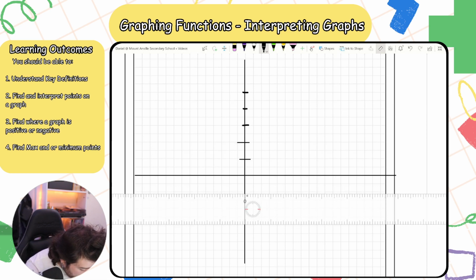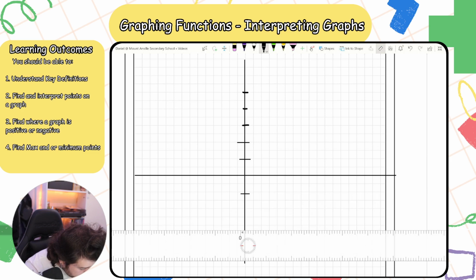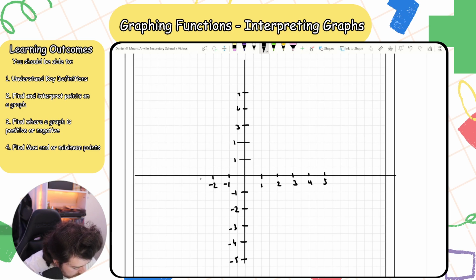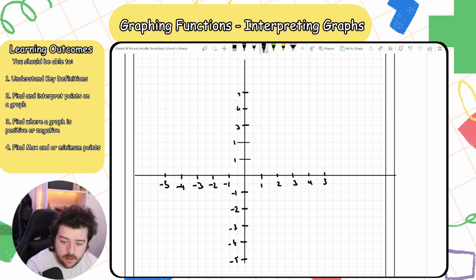Then minus 1, minus 2, minus 3, minus 4, minus 5, then 1, 2, 3, 4, 5. Right, so I have my ends. Don't need it, but I'm just doing it anyway. Right, let's plot out these points.